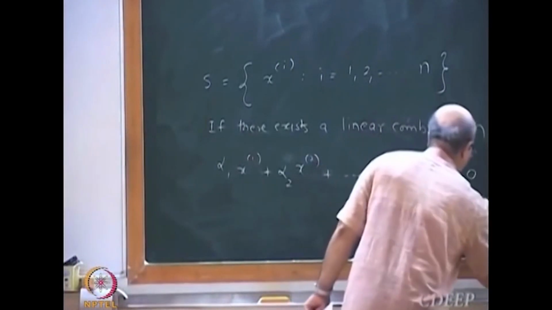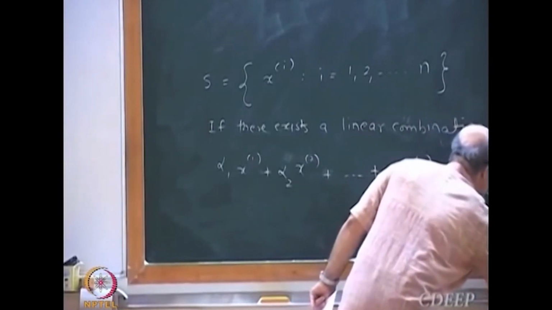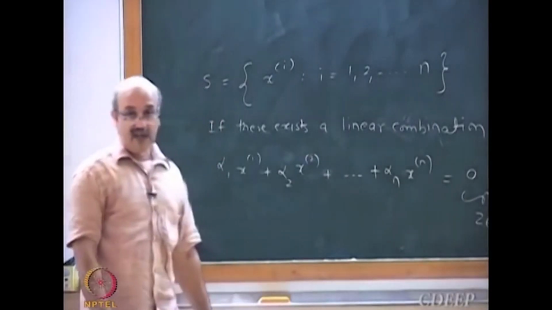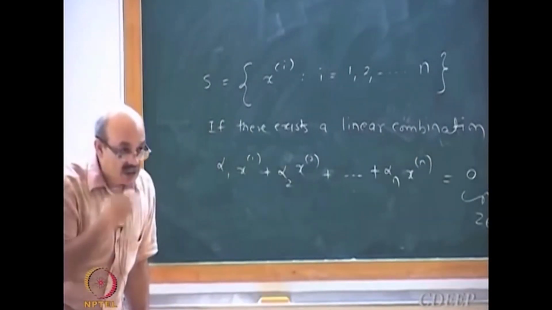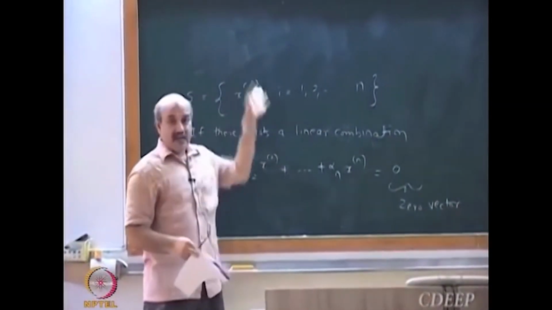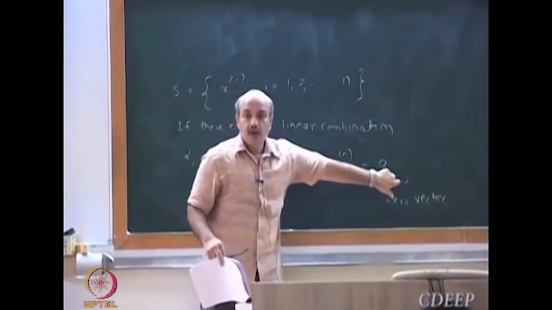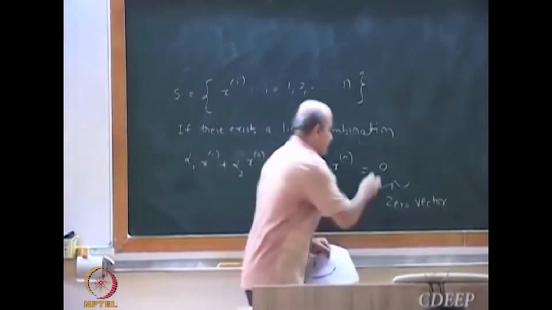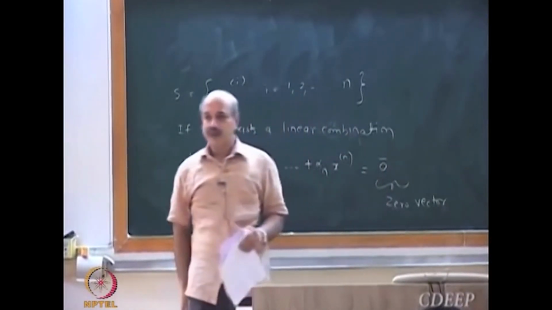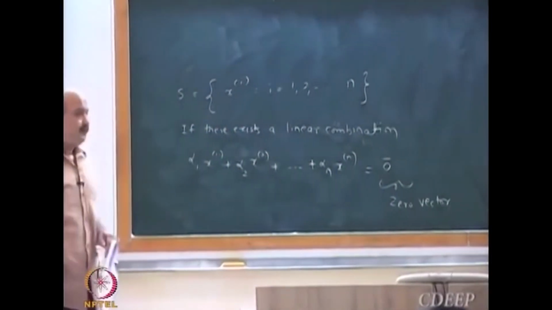Zero vector. When I write 0 on the right hand side, it means the 0 vector in that particular space. If these vectors are n dimensional, what will this 0 be? Let me qualify it by putting a bar over it: 0 bar is the 0 vector.